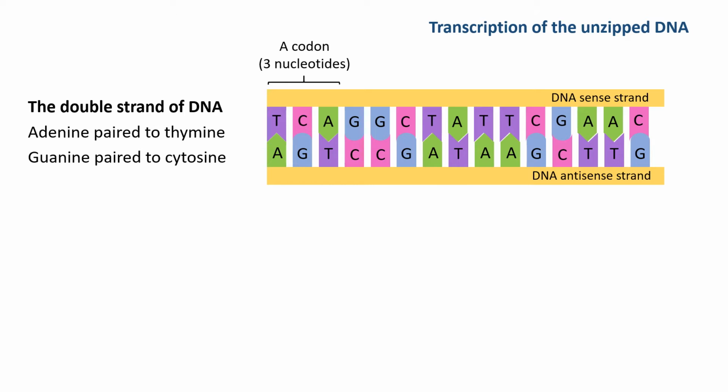The bottom strand is labelled the DNA antisense strand. So it is this bottom one that we're going to pair the ribonucleotides to. And we're going to pair adenine to thymine, guanine to cytosine. Or in the case of where we're pairing to RNA, then adenine is going to pair to uracil, and uracil will pair to adenine.